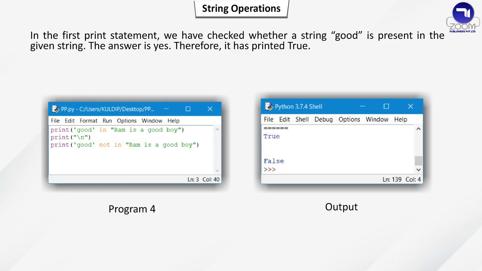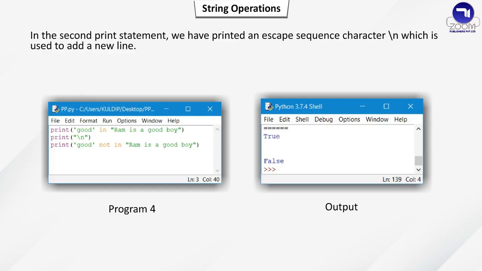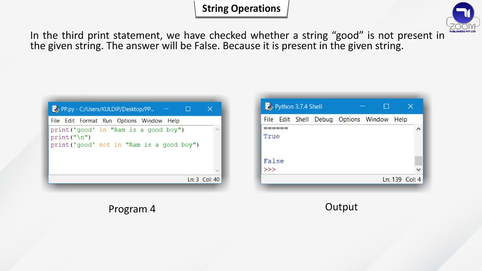The answer is yes. Therefore, it has printed True. In the second print statement, we have printed an escape sequence character, \n, which is used to add a new line. In the third print statement, we have checked whether the string good is not present in the given string. The answer will be False, because it is present in the given string.